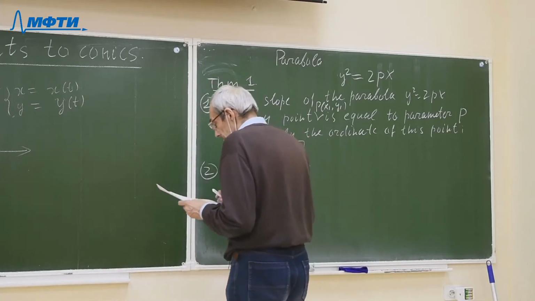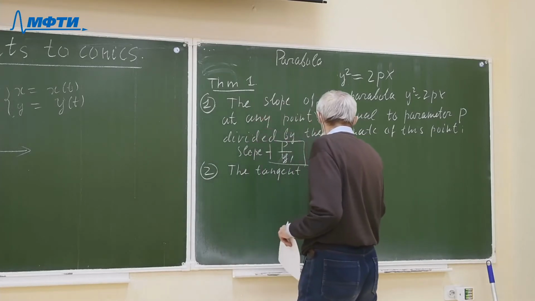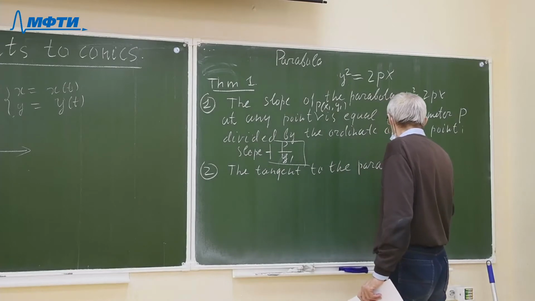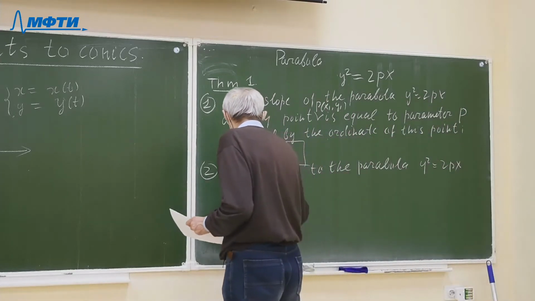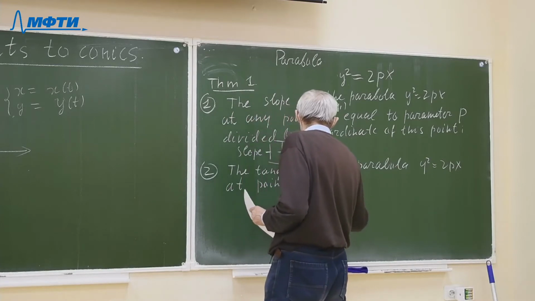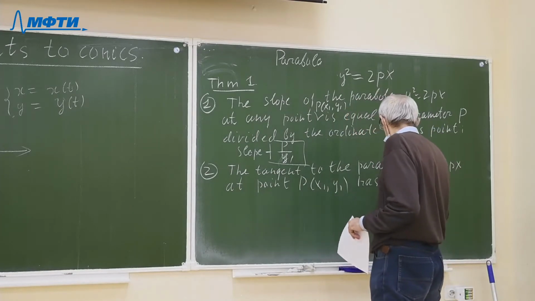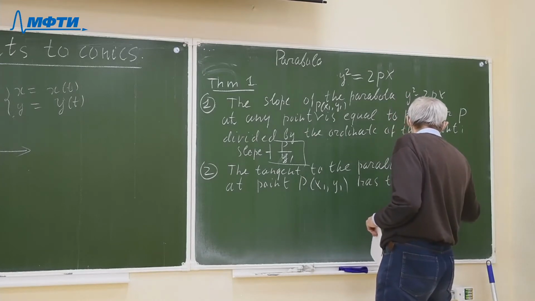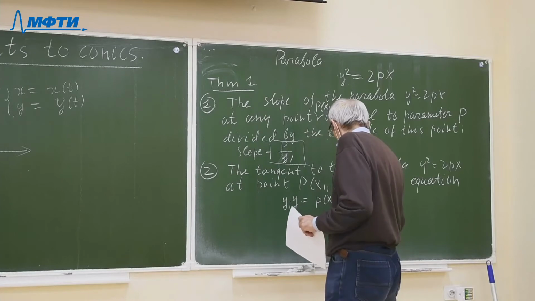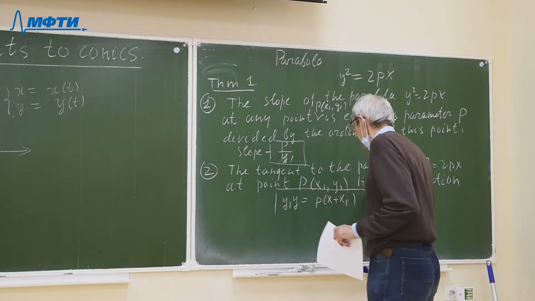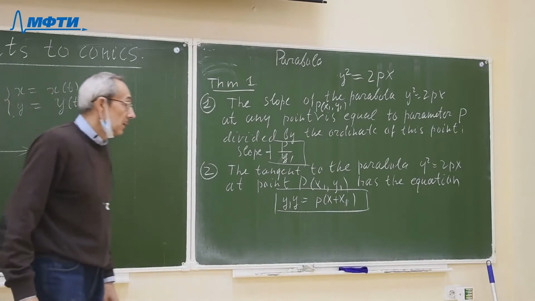Item 2: the tangent to the parabola at point P with coordinates x1, y1 has the following equation: y1 y is equal to p times (x plus x1).